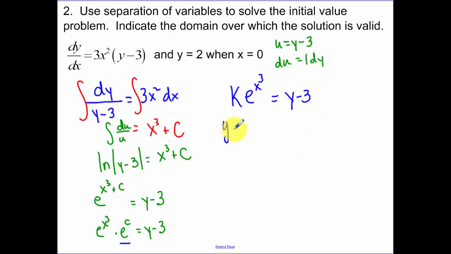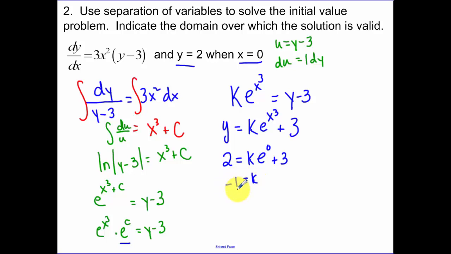Then I'm going to add 3 to both sides. Now let's solve using our initial conditions. y is 2, x is 0, plus 3. Well, e to the 0 is 1, so solving for k, we get negative 1. So we get y is equal to negative e to the x cubed plus 3.